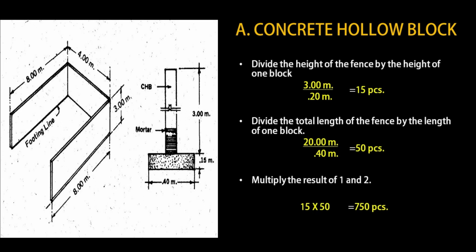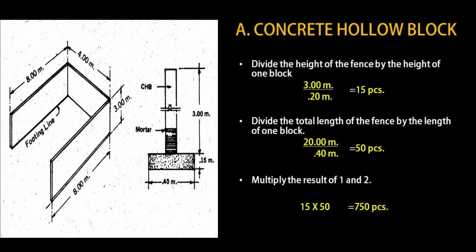As we can see, it is a three-sided fence which has 8 meters length and 4 meters width with a height of 3 meters. In computing for concrete hollow blocks, we must first divide the height of the fence by the height of one block. 3 meters divided by 0.20 meter is equal to 15 pieces.